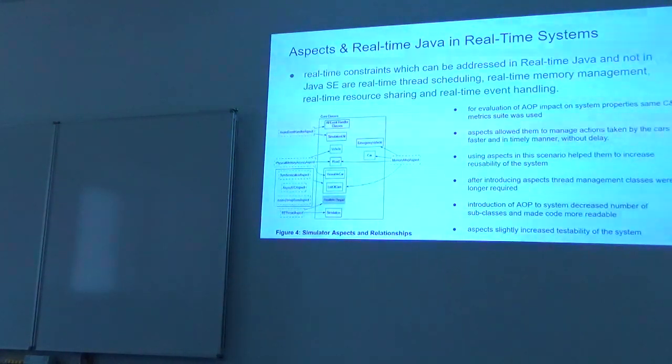And if such a system were implemented with plain Java or a plain Java software development kit, its threads could cause reaction delay of these vehicles on the road. In their approach, aspects helped them to override default management of objects and threads, which in turn meant that they were able to manage actions taken by the cars without delay.